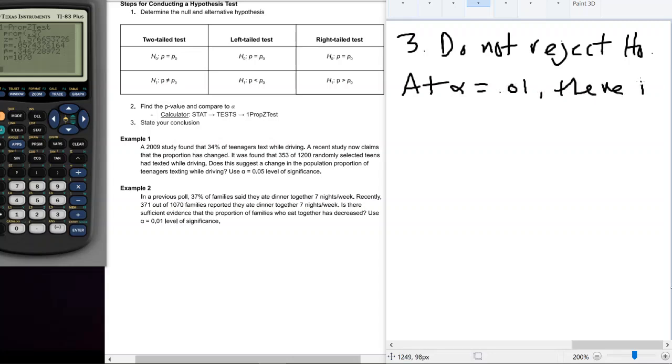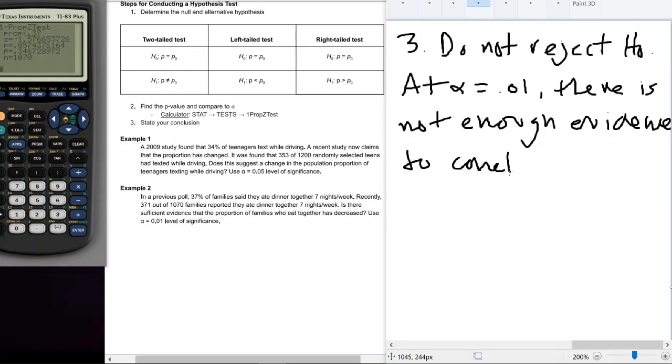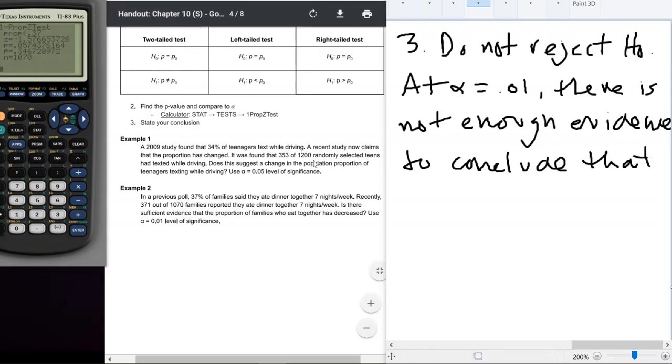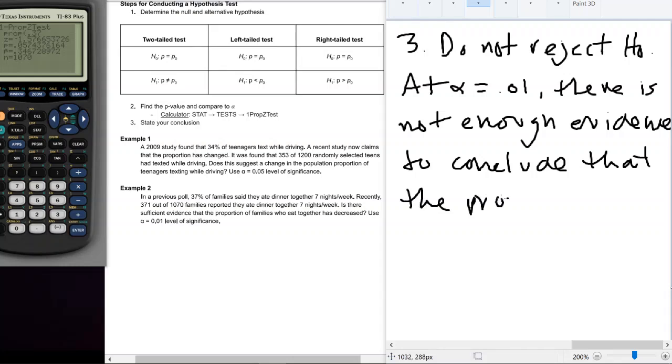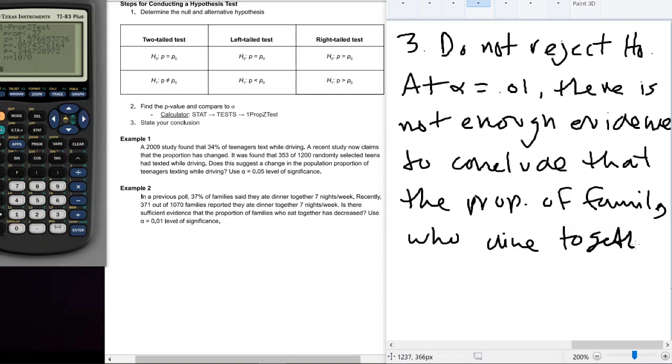There is not enough evidence to conclude that the proportion of families who dine together has decreased.